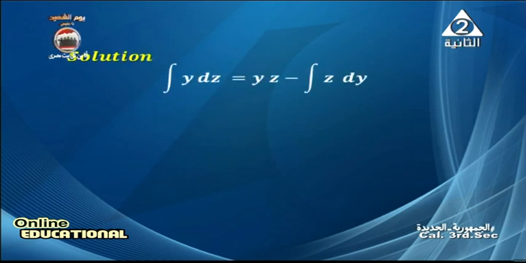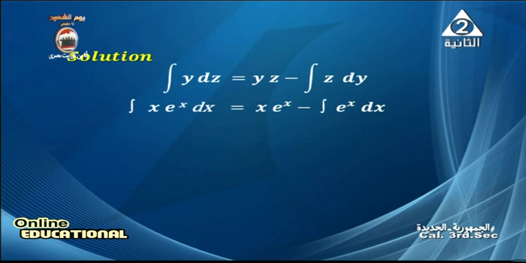Integration y dz equals yz minus integration z dy. Then integration x e to the power x dx equals x multiplied by e to the power x minus integration e to the power x dx. Now, what is the integration of e to the power x dx?